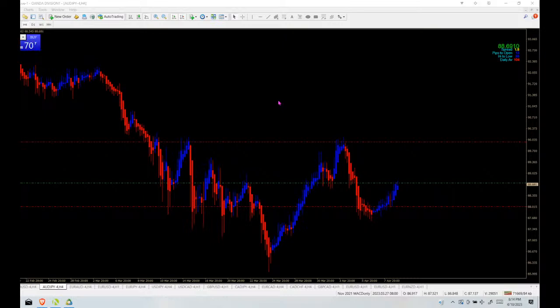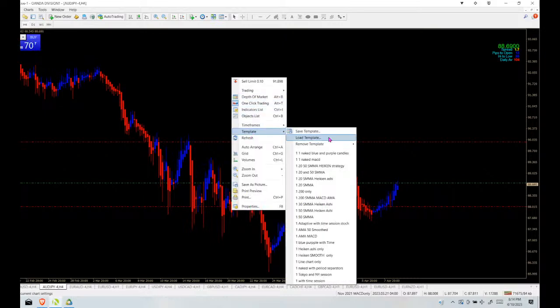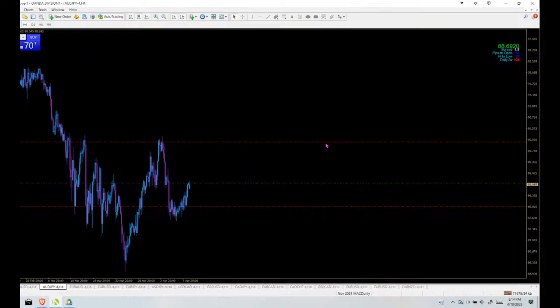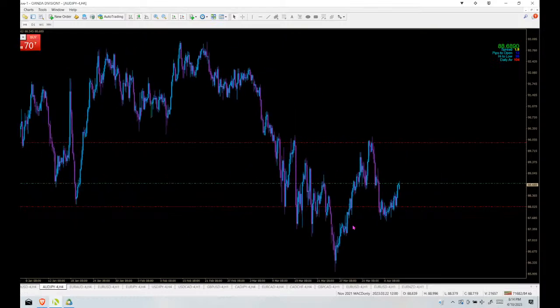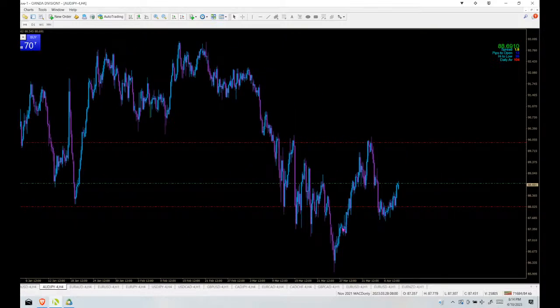So this is the Aussie yen on the 4-hour chart. If we put the regular candlestick chart on first, you can see that even during the trending phase, right here, it's choppy, and you've got red candles here, a big one here, another big one here, and you might think you want to get out along the way.